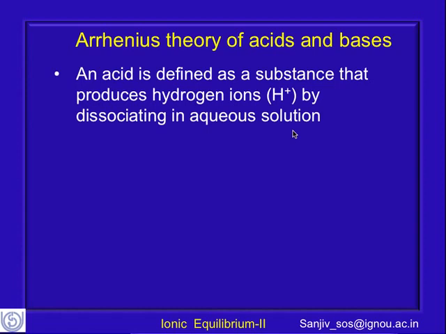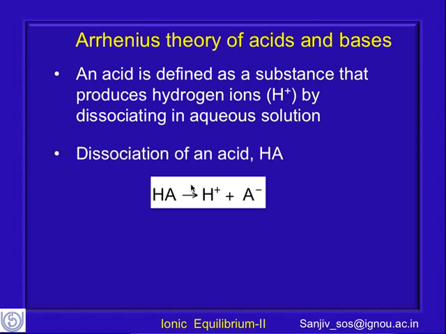Take citric acid, acetic acid, or any carboxylic acid, say benzoic acid, though it doesn't dissolve very well, or formic acid, acetic acid, citric acid, which dissolve in water. They all produce hydrogen ions. So any electrolyte which produces hydrogen ions in aqueous solution is said to be an acid. That is the way Arrhenius defined acids.